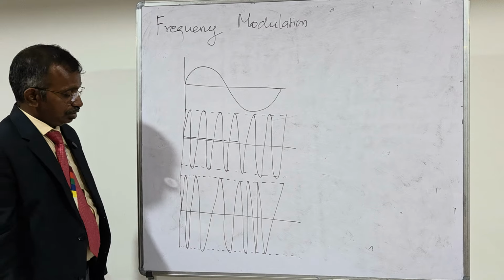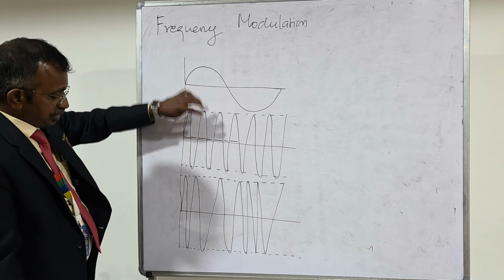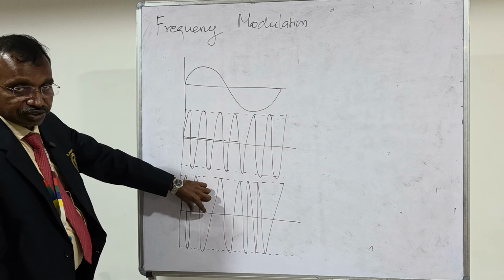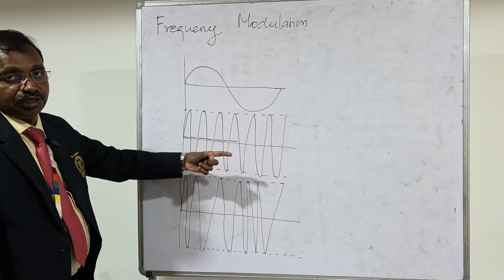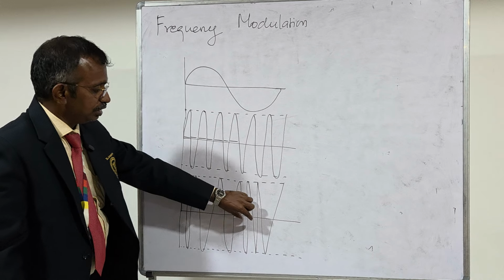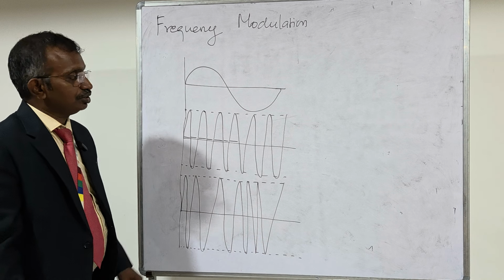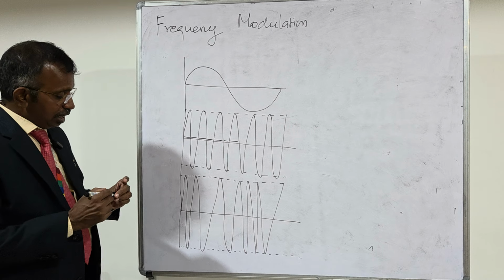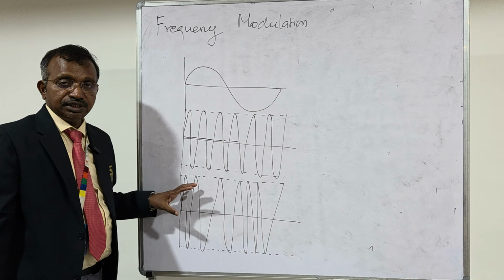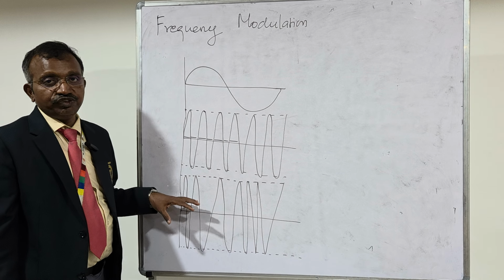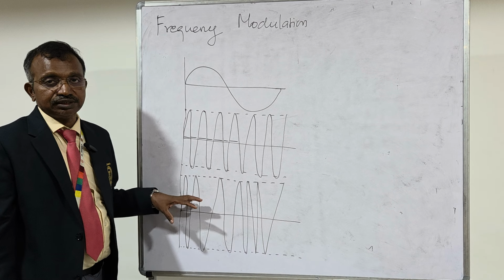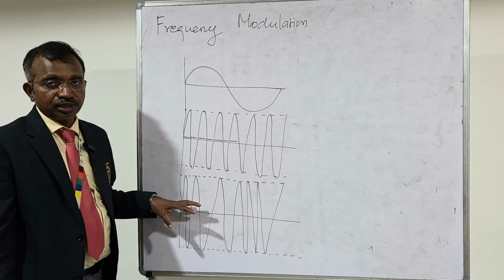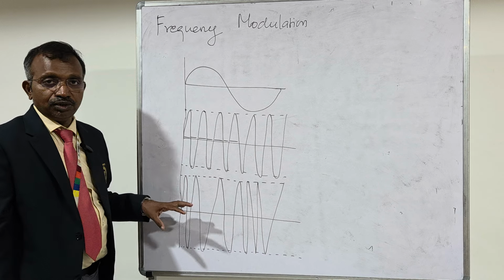When the amplitude is high, the zero crossings will be wider, and here it is narrow. Such a signal is called a frequency modulated signal, and here the information is contained in the frequency, right?